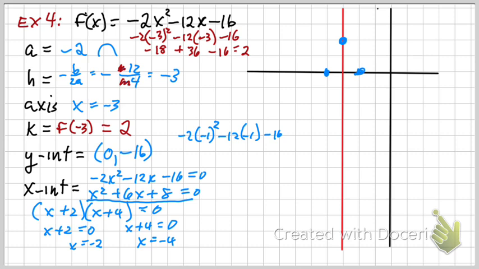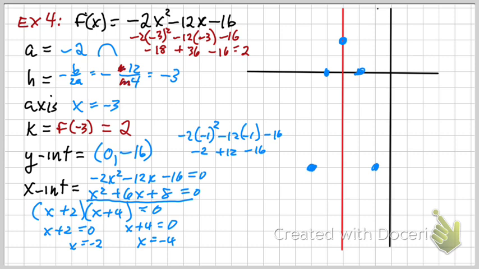So negative 1 times negative 1 is 1 times negative 2. So I've got minus 18 plus 12, so negative 6. So at this point, negative 1, negative 6, 1, 2, 3, 4, 5, 6. Because that's an axis of symmetry, I've got this one over here. So now I can sketch it. Not as bad as it looked.